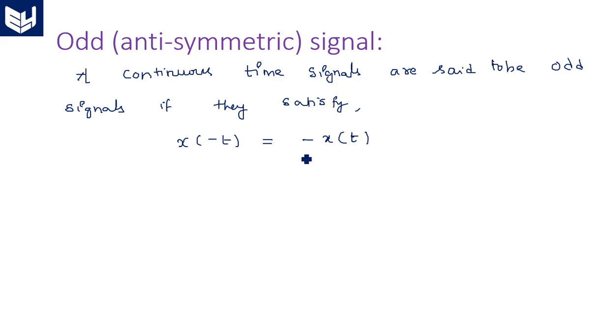X of minus t must be equal to minus x of t. Then it is an odd signal for all t. For discrete time signals you can redefine this as x of minus n must be equal to minus x of n. Such signals are known as antisymmetric or asymmetric signals.